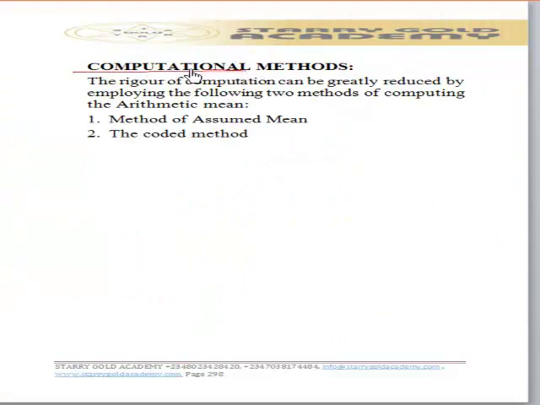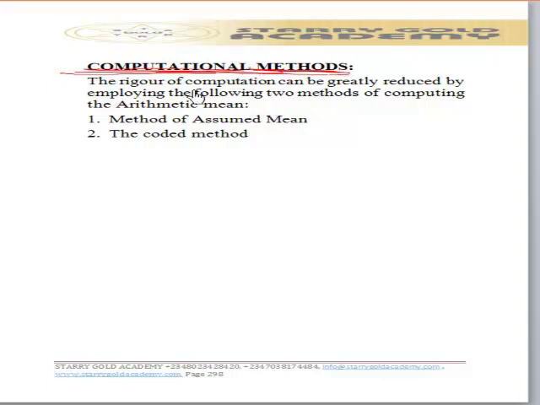So let's look at some methods of computation of arithmetic mean. Generally we have looked at arithmetic mean, and we have seen how it is being computed, but it must be noted that there are some other methods which we can adopt in order to compute the arithmetic mean of a given statistical data, and we are still going to get the same result.